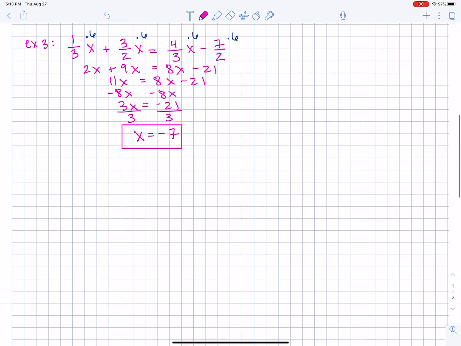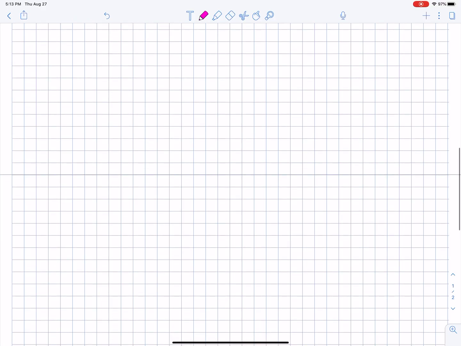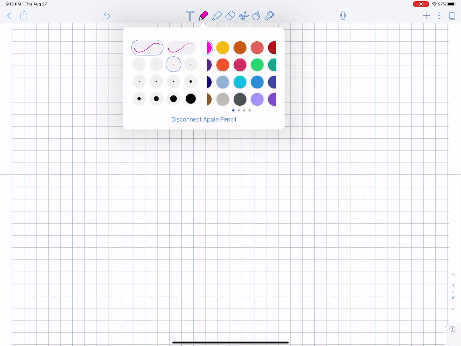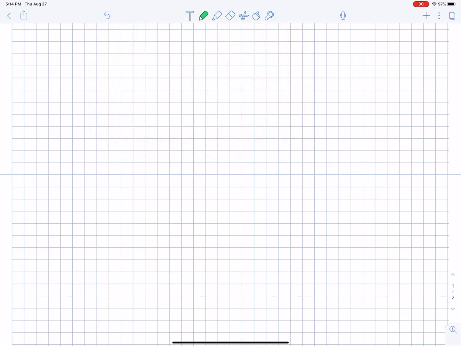Okay, as promised, you have 2 more to do. Example 4. 2 times 2x minus 3 is equal to 8x minus 4 times x plus 3.